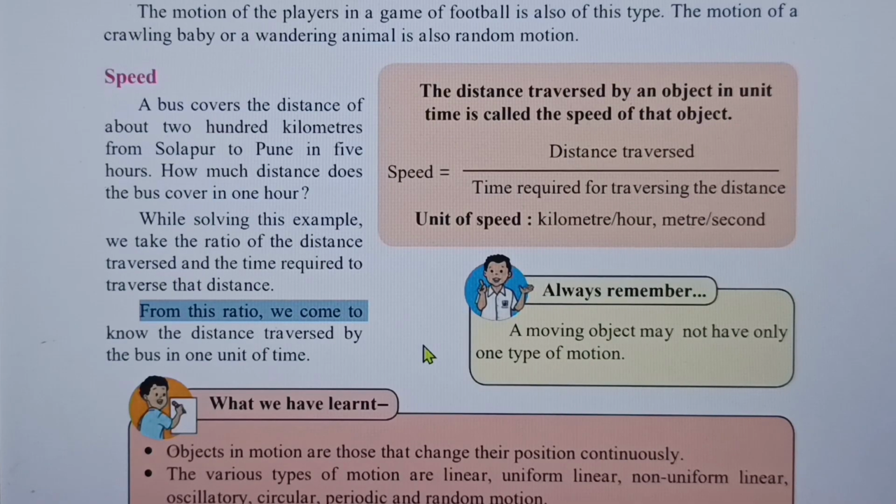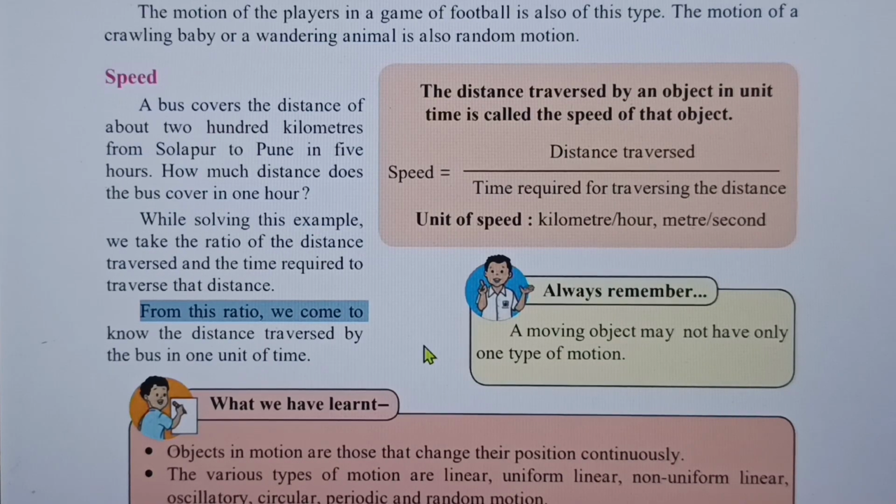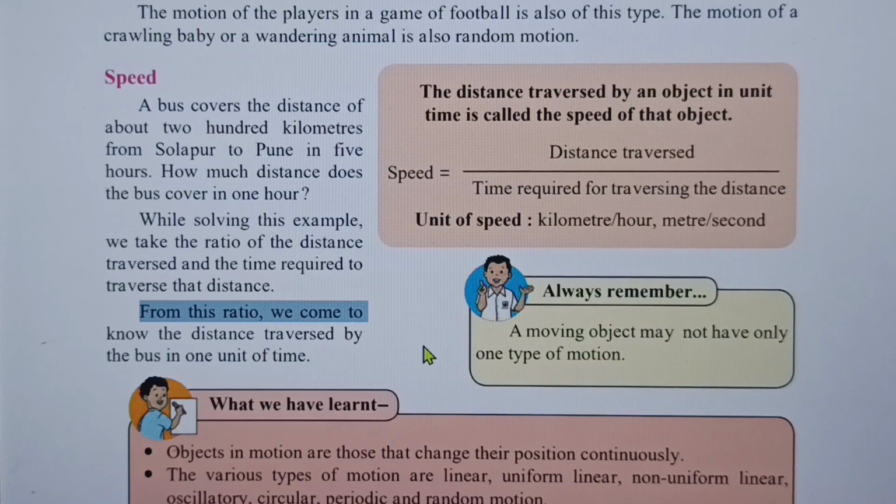And also 40 kilometers is the distance that has been covered in 1 hour. So the unit of time is the hour, and in 1 hour we have traveled 40 kilometers. So the speed is 40 kilometer per hour. This is the meaning of this.